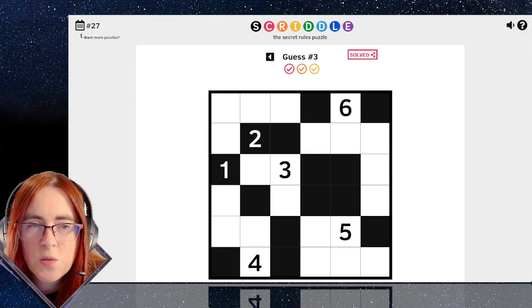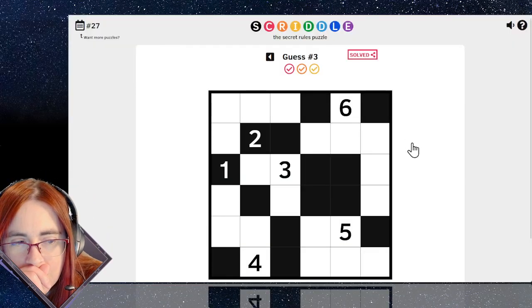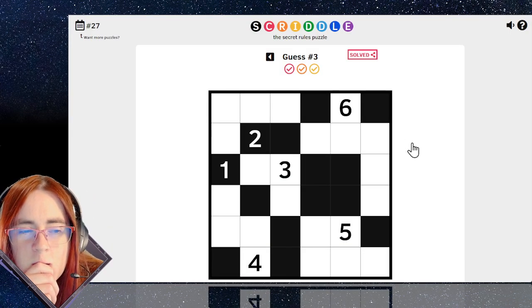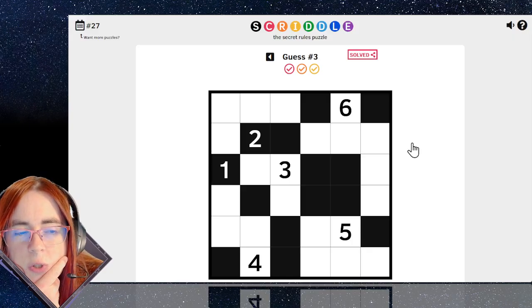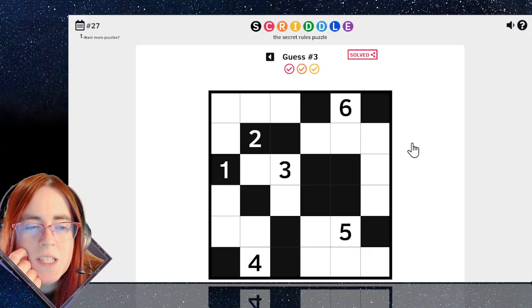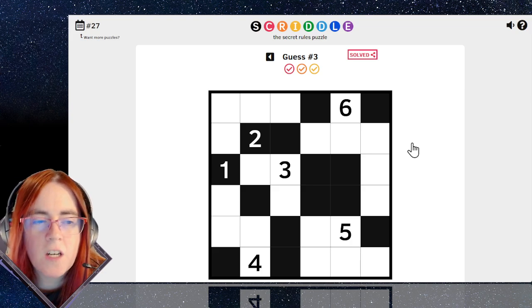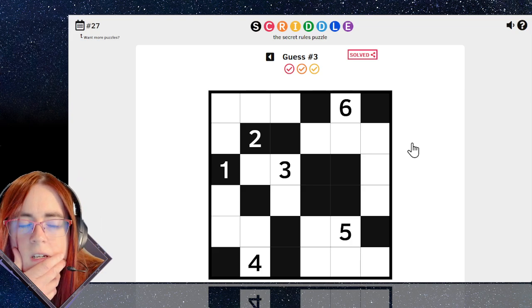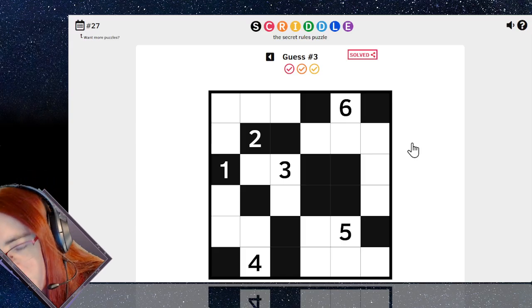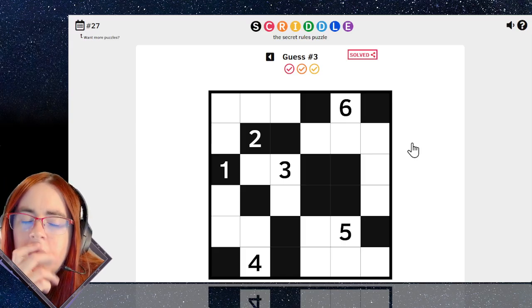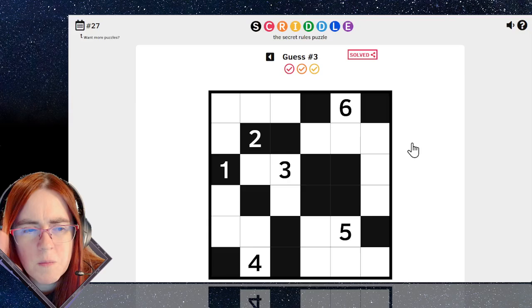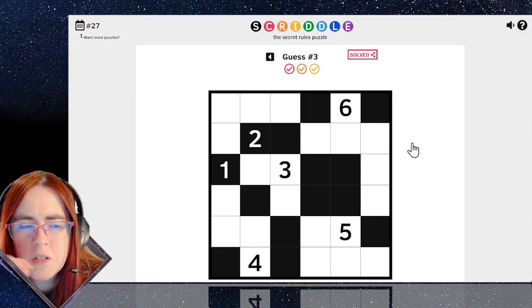I wonder if that also determines the formalization of the rules and how the feedback comes for them. I don't know whether that feedback is generated by Scriddle or whether it comes from the puzzle engine. I'm not sure. But it maybe explains why some of the feedback's inconsistent from puzzle to puzzle.